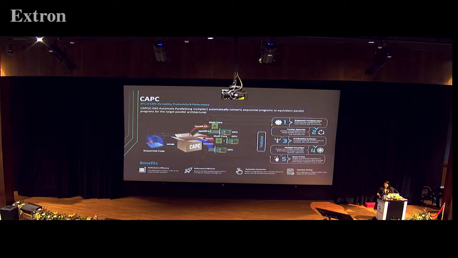So like I was saying, we have an automatic parallelizing compiler. You would have seen the poster in the poster session. So I'll just give an overview about this. This takes a sequential program as input, the typical HPC codes, sequential C, C++, Fortran codes, and it converts them automatically to parallel codes in OpenMP, OpenACC, and OpenCL.